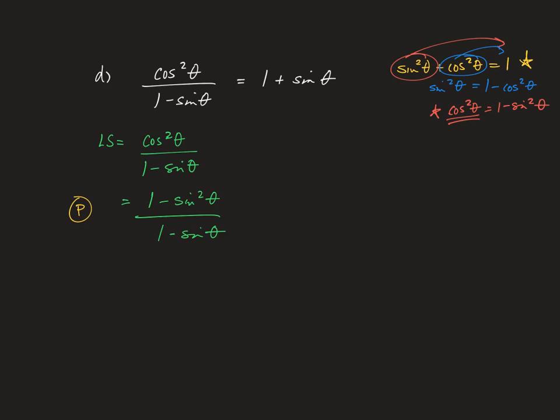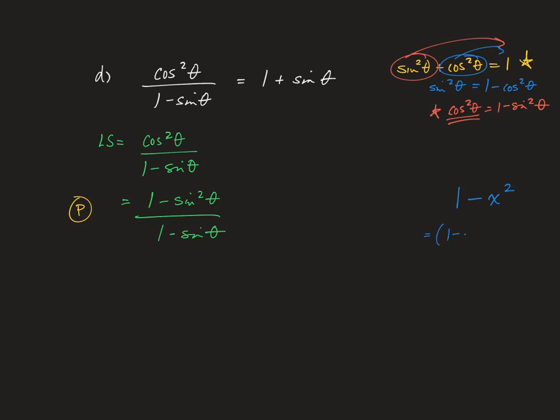However, my top happens to be a pretty special form. It's like something like 1 minus x squared. And we should be good that we could factor that top, because 1 minus x squared is a difference of squares.